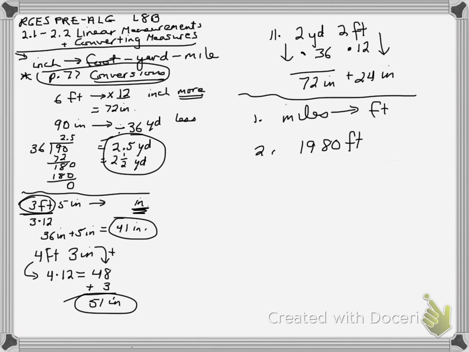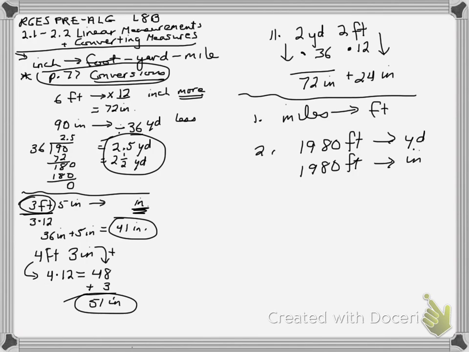If I were to convert that to yards, I would have to divide, and how many feet in a yard? 3. So you divide by 3, and then the second part, you want to convert it to inches, so I would need more, so I would have to multiply it, and how many inches in a foot? 12. Okay, so sharpening skills is just pretty direct there.